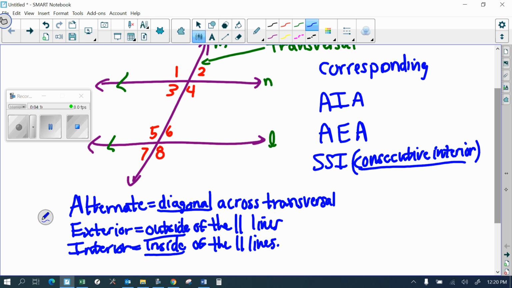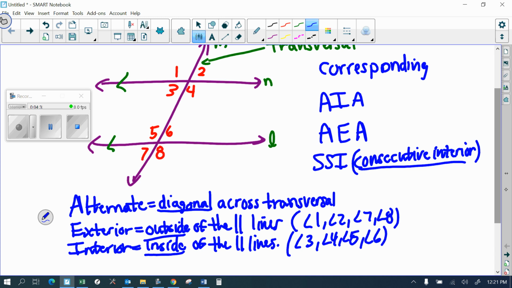Okay. So I have 4 exterior angles: angle 1, angle 2, angle 7, and angle 8. I have 4 interior angles inside the parallel lines: angle 3, angle 4, angle 5, and angle 6.